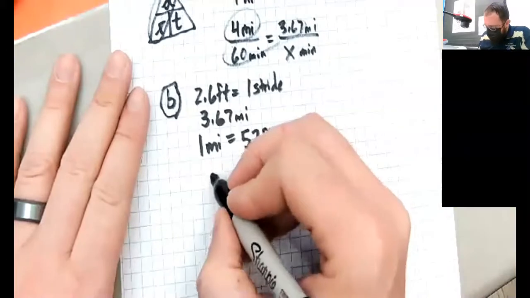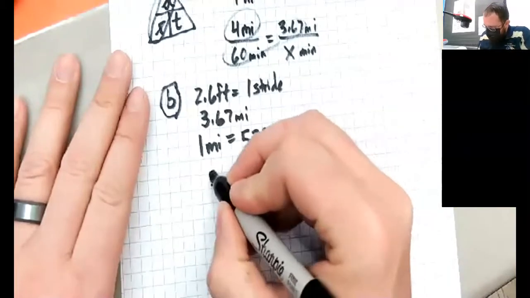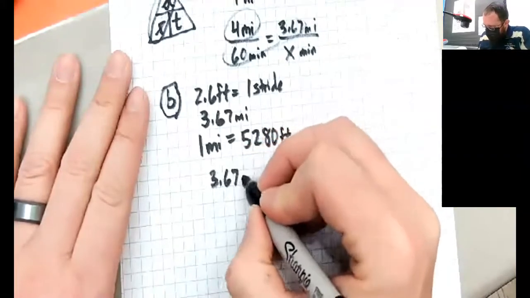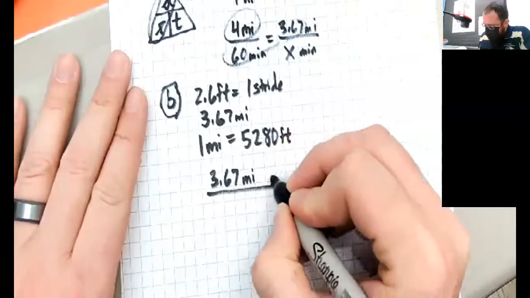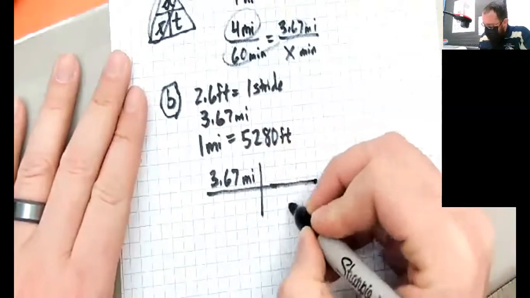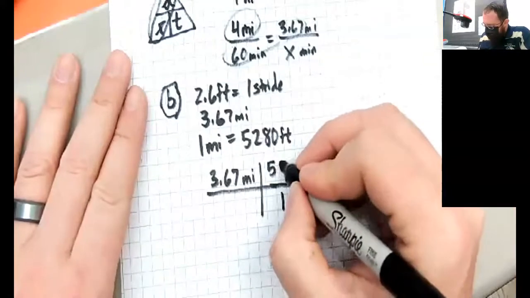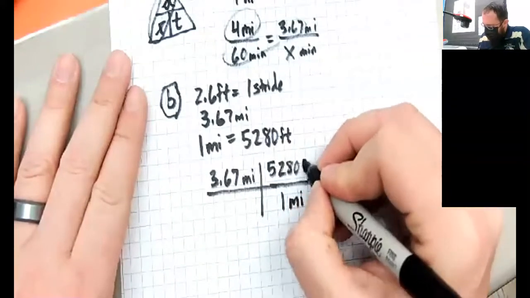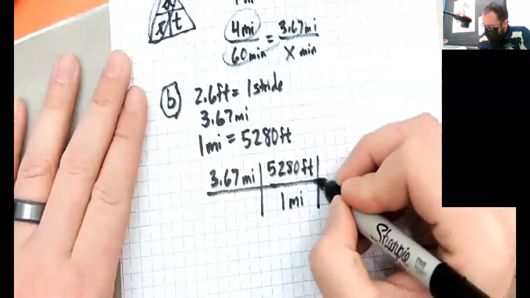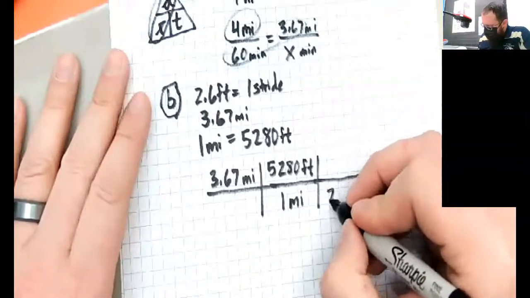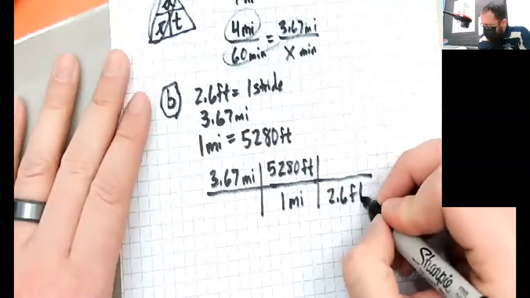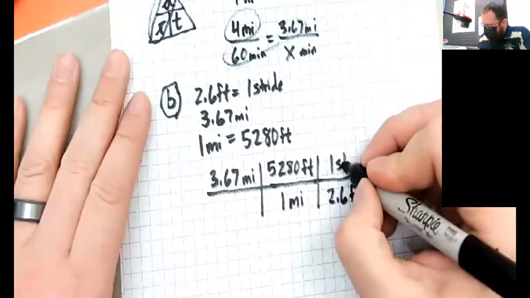I've got 3.67 miles, and I know that 1 mile is 5,280 feet, and I know that 2.6 feet are in 1 stride.